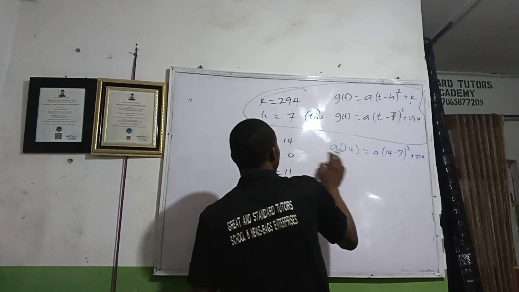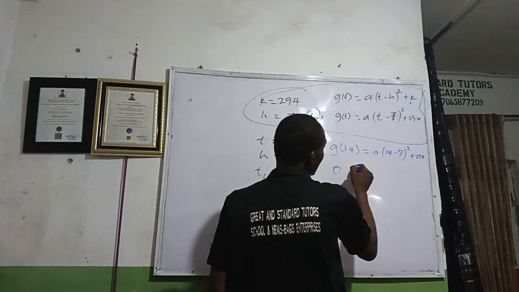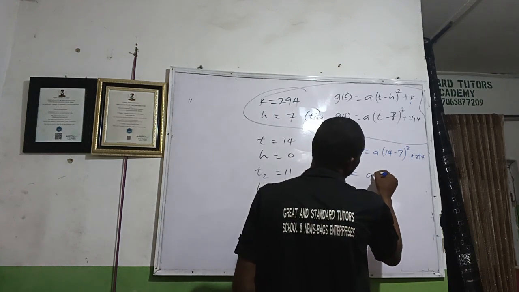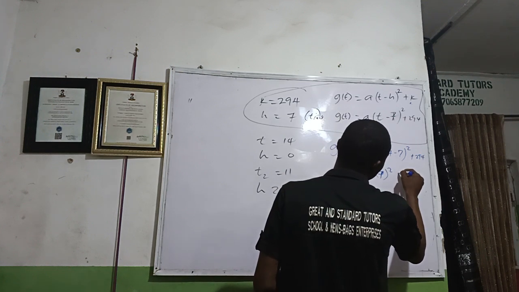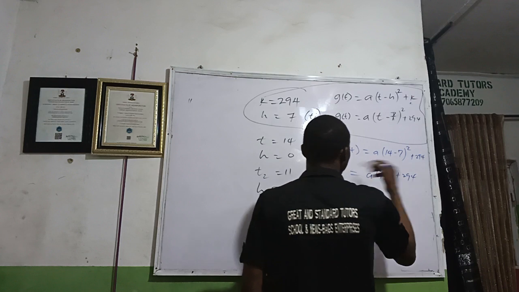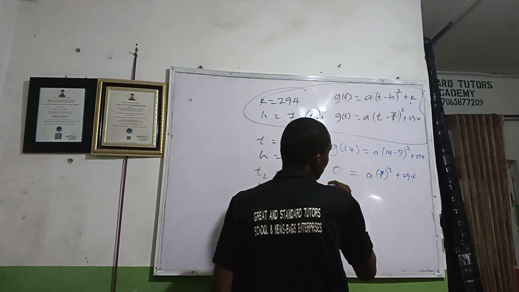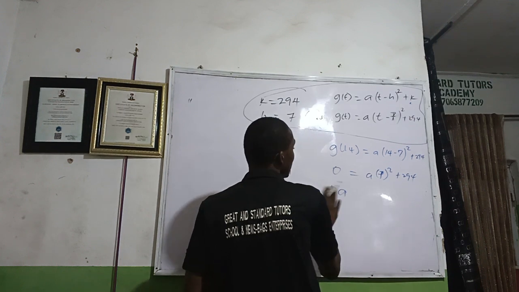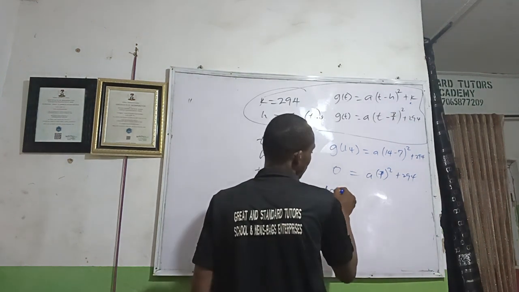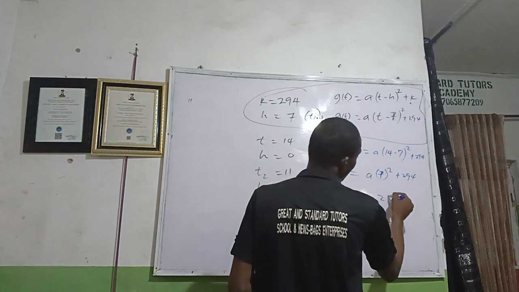So we are equating it to 0 because that's when it comes back to the surface. That's 0 is equal to a into 7 squared plus 294. Then you have 49a is equal to minus 294.